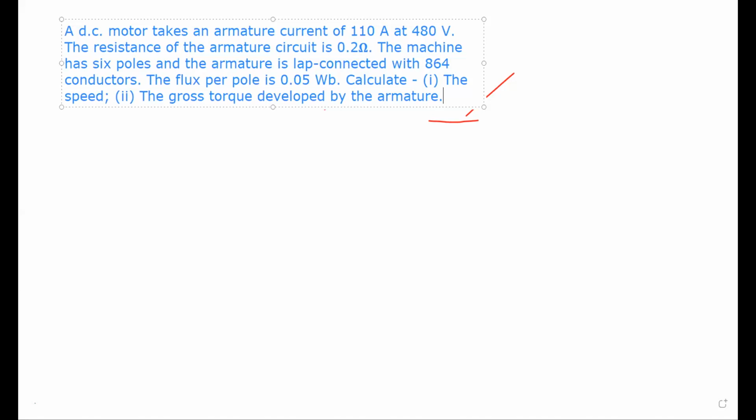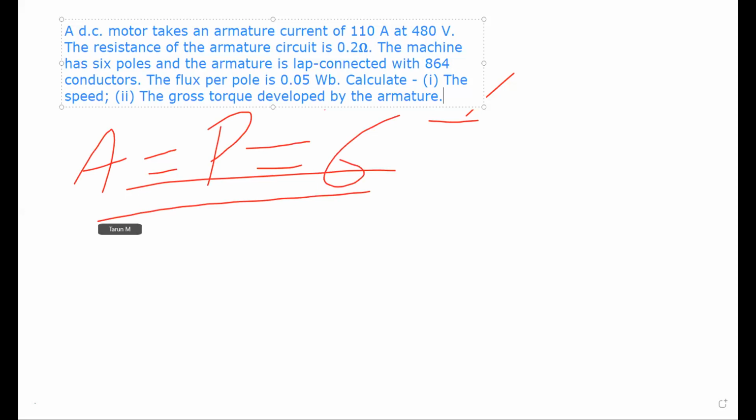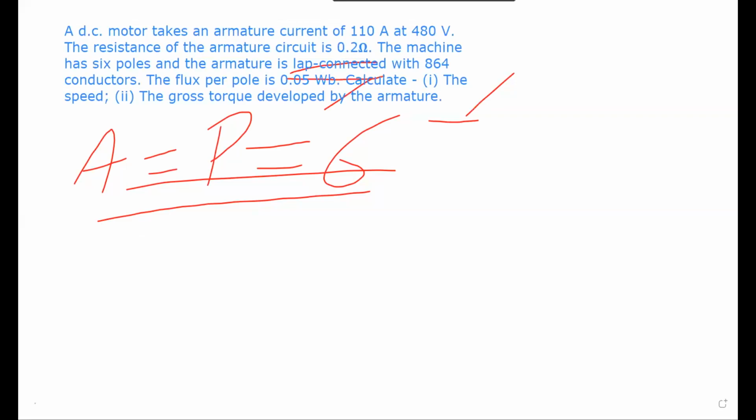Sir, can you repeat what you told us now? If your motor is lap connected, can you see here? They have written your motor is lap connected. So when your motor is lap connected, the value of A will be equal to the number of poles or number of parallel paths, that is equal to 6. So A and P will be equal to 6.